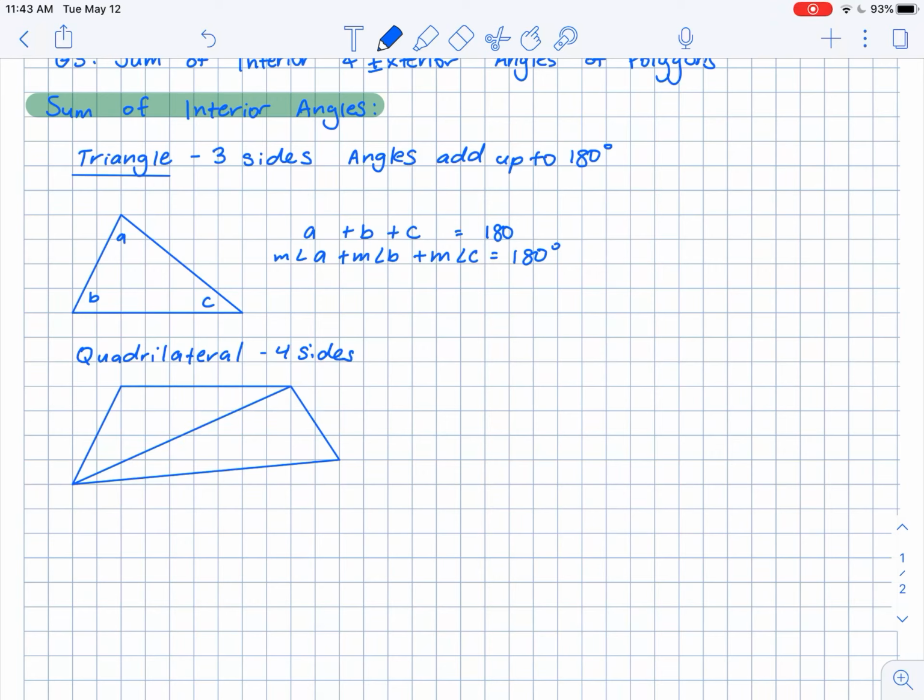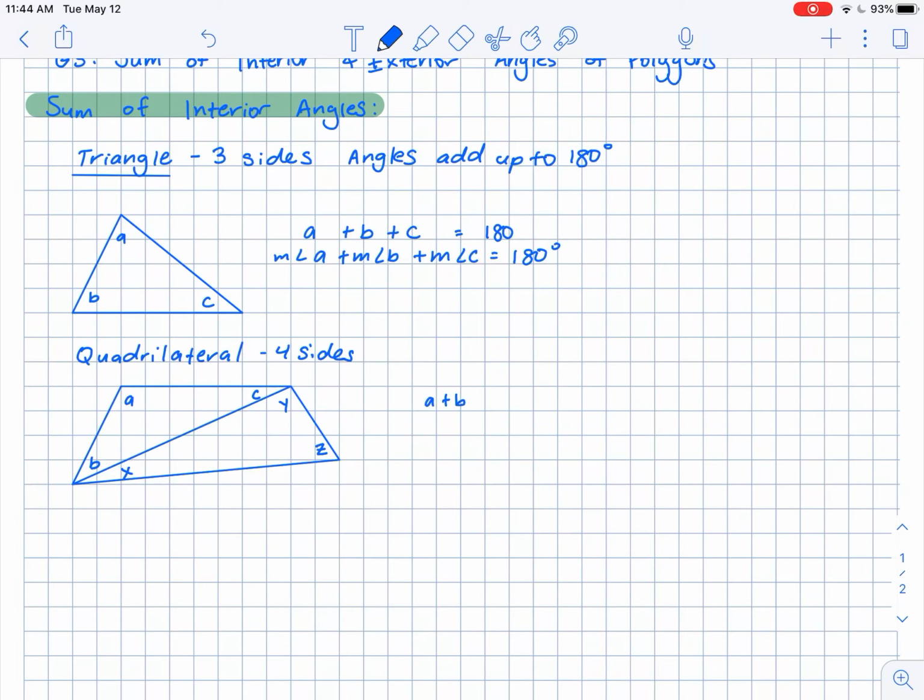What I'm going to do is add a line in here. And now I created what two shapes inside of the quadrilateral? I created two triangles. So I have triangle ABC again, and then let's go with X, Y, Z. I know two things here.